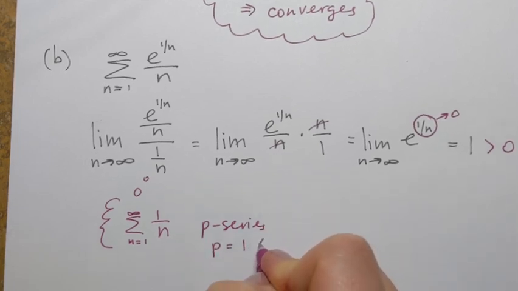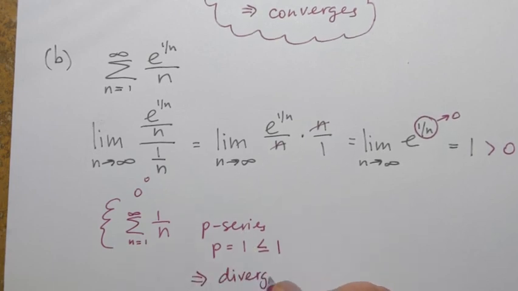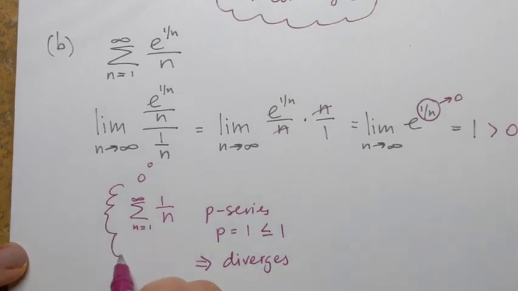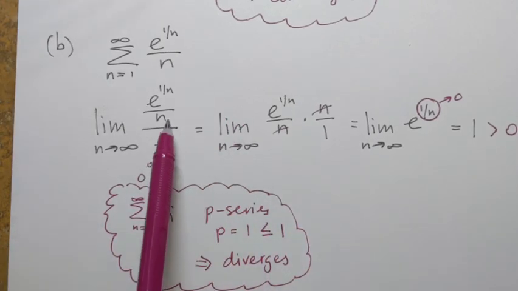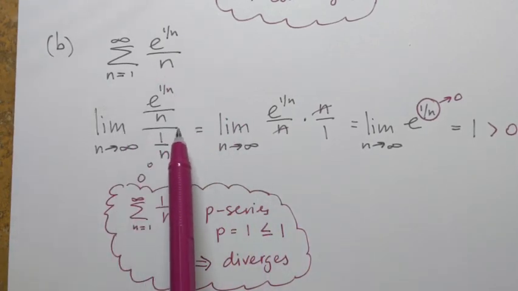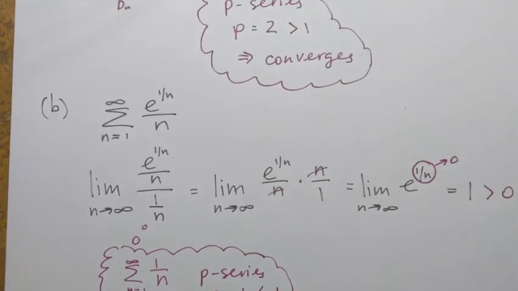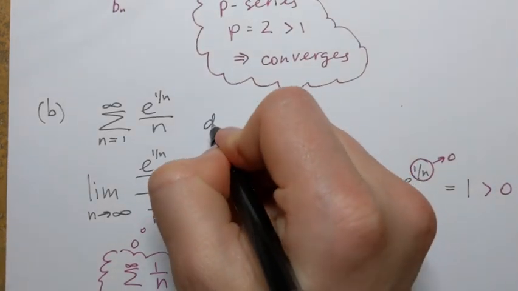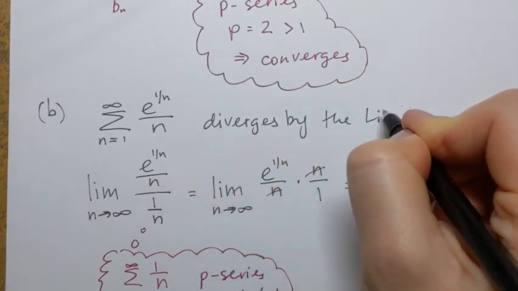We know that when the power is less than or equal to 1, we have the equal case this time, and the p-series diverges. Since the second series diverges, our series diverges as well, according to the limit comparison test. Either both of them converge or both of them diverge. So since that one diverges, our series diverges as well, by the limit comparison test.